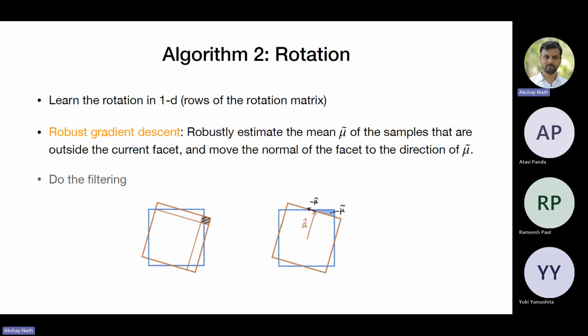We prove that if we continue doing this, the hat A will be close to the true direction of the facets. We'll keep doing this until we find a good row of hat A, and we'll continue on to the next direction, the next facet.